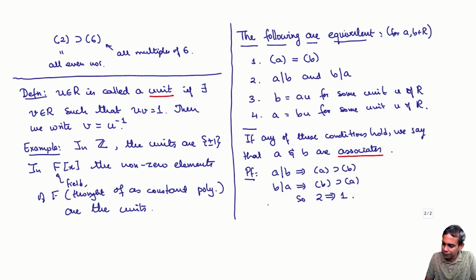Or maybe we'll prove that 2 implies 3 and 4.